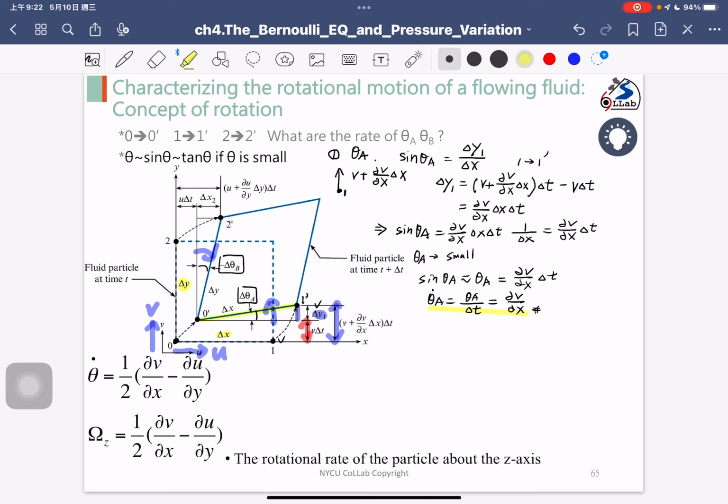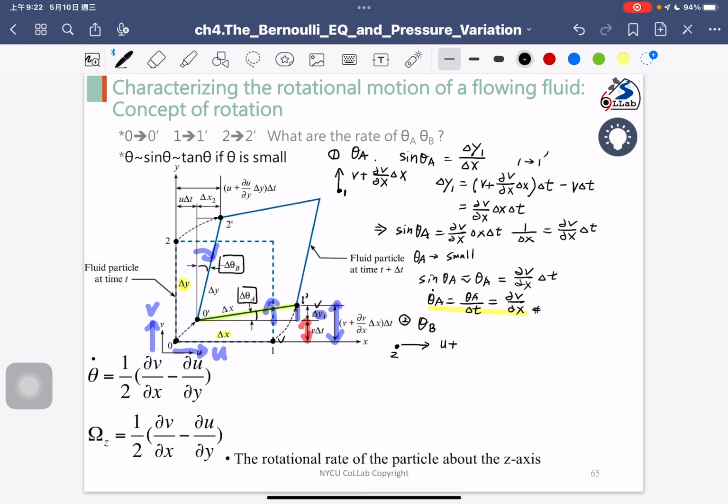Okay, so with a similar idea we want to compute theta B. So how about theta B? We can similarly pick a point here. So we know that we have point 2. This is point 2. And we can write the point 2 velocity along the x direction as u.